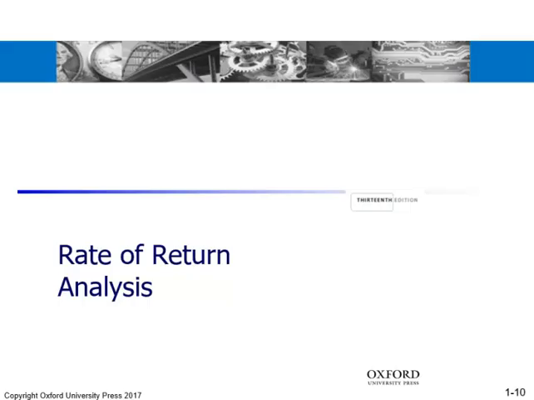Again, we want to compare 2 alternatives, 3 alternatives, n alternatives, to see which one is better, and we want to do that with this approach, rate of return analysis. So we are going to calculate the rate of return for each case, and whichever is higher, we will go for that, because it means that we will get more return on our money.